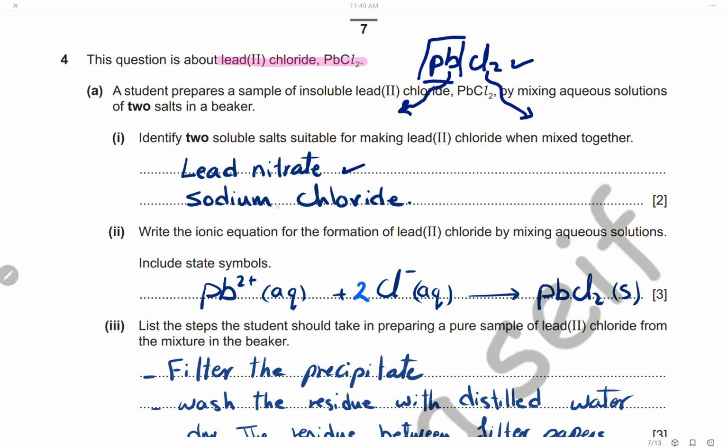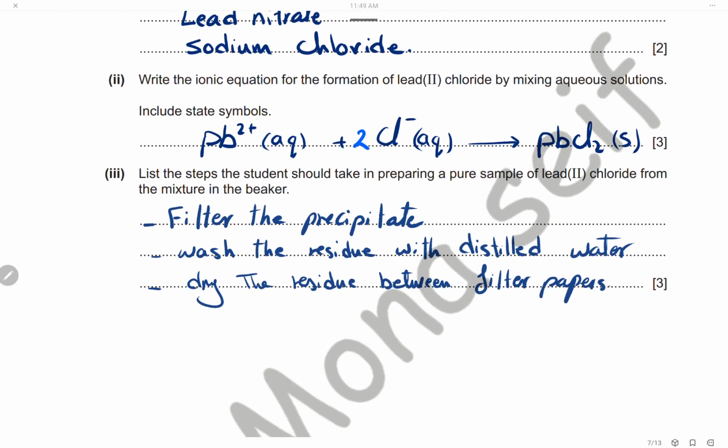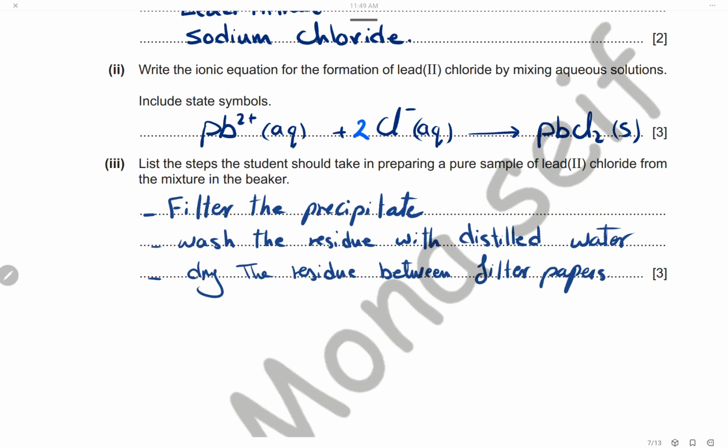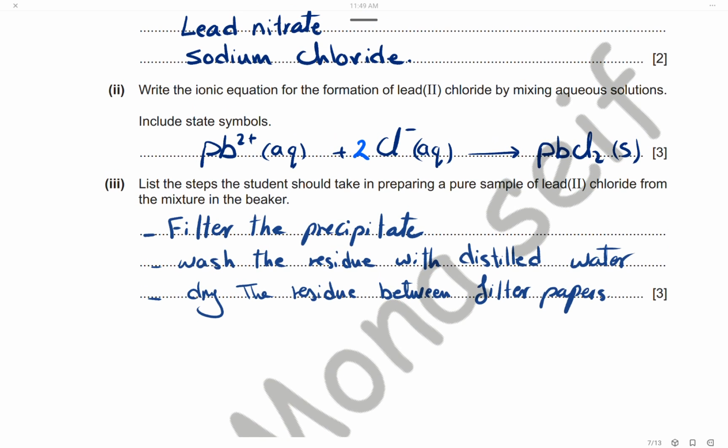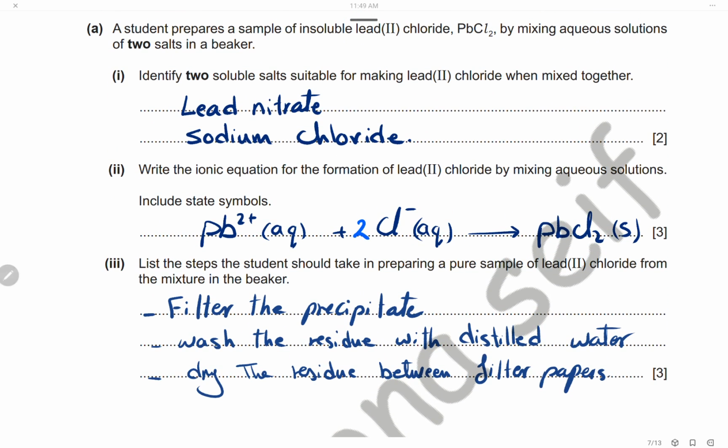We can choose a salt from group 1 because all group 1 salts are soluble. So here we choose sodium chloride. These are the 2 soluble salts that will be mixed to give the insoluble lead chloride. Write the ionic equation for the formation of lead chloride by mixing the aqueous solutions.